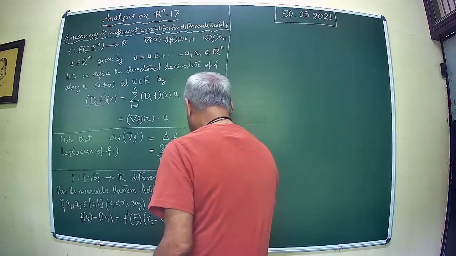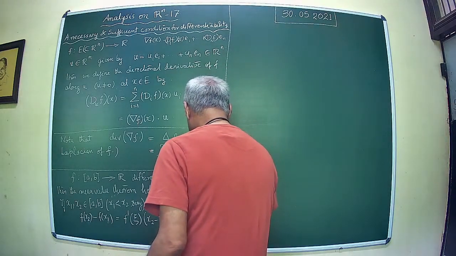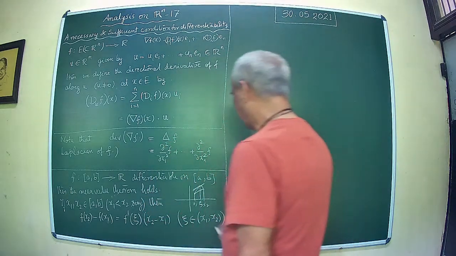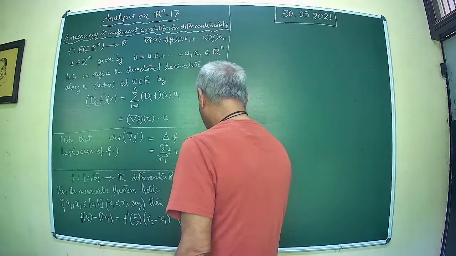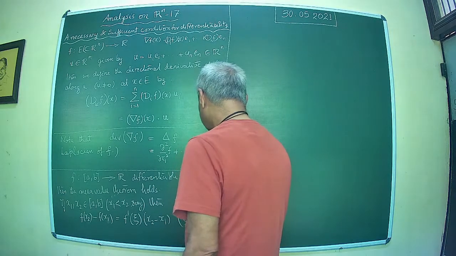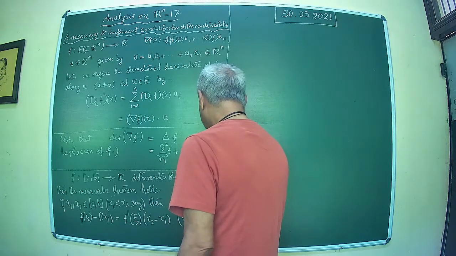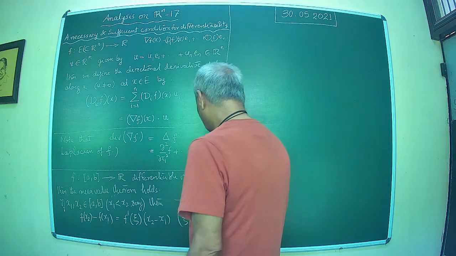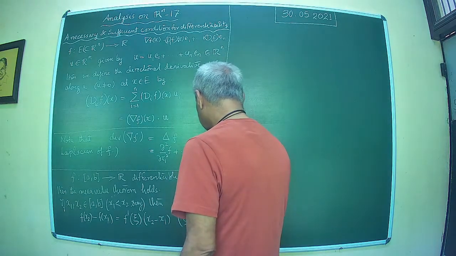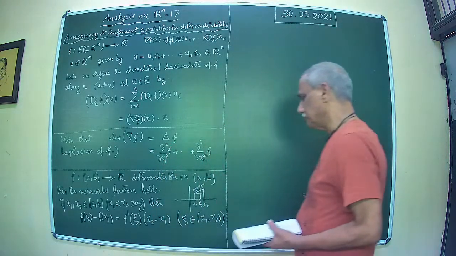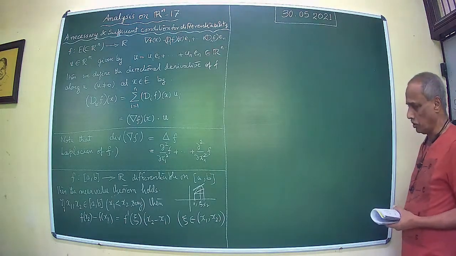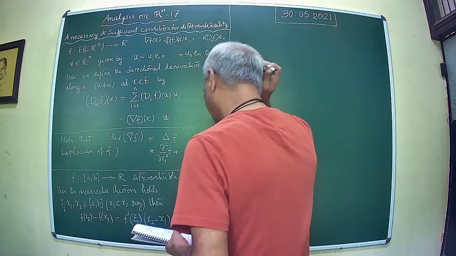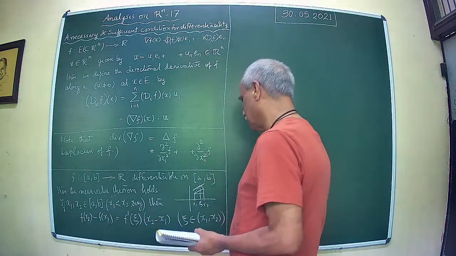So this height is f(x1), this is f(x2). If you take f(x2) minus f(x1) divided by x2 minus x1, then this is the slope of this chord joining the points (x1, f(x1)) and (x2, f(x2)).